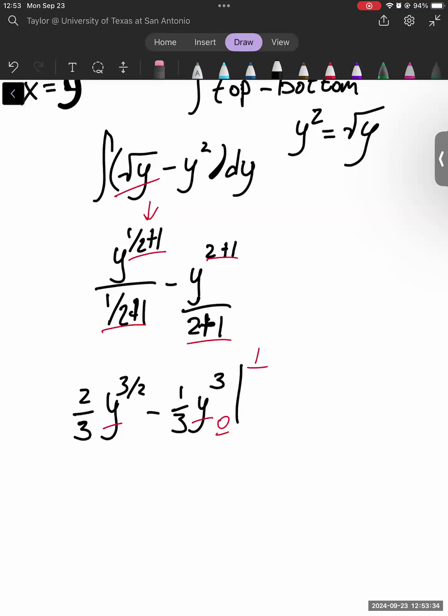So then I end up with 2 over 3 minus 1 over 3, which equals 1 over 3. All right.